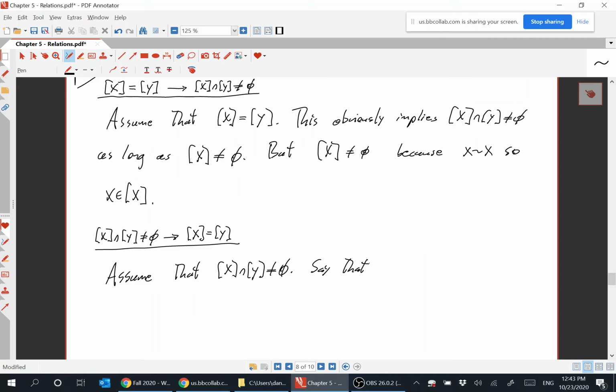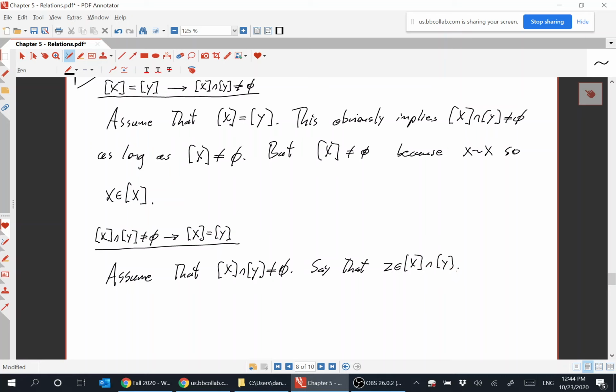You can't necessarily use x or y because it may not be that element. You actually have to show it: there exists an element A that is in both. You've got to give that thing a name. There's something in common. Say that z is an element of the class of x intersect the class of y.